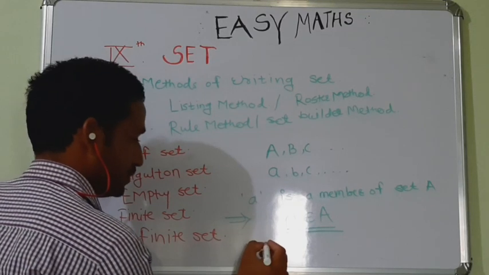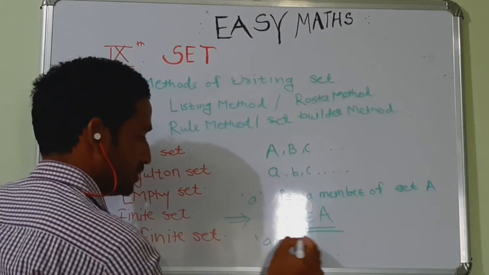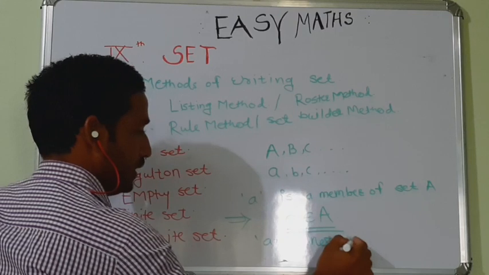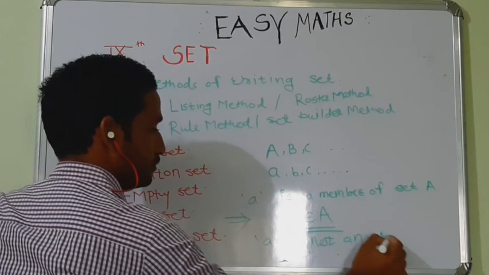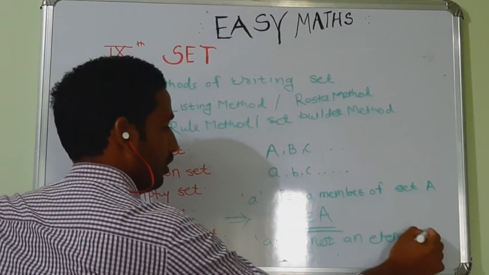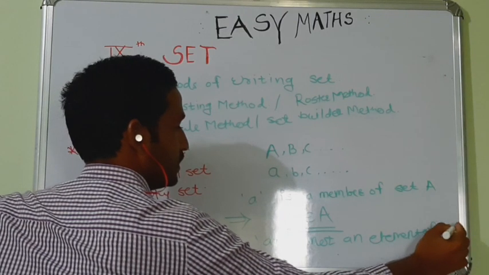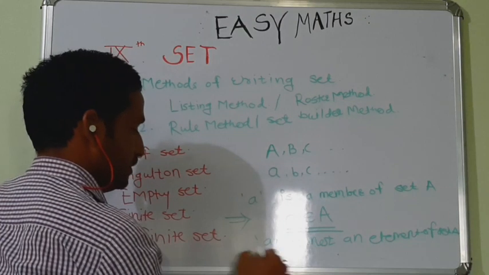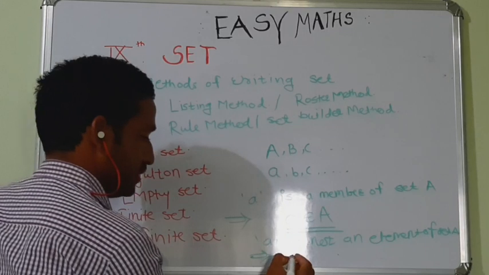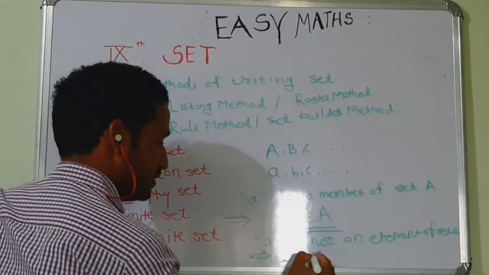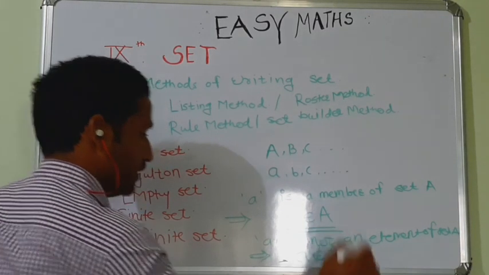And again, if a is not an element of set A, this can be written by notation as a does not belong to set A.